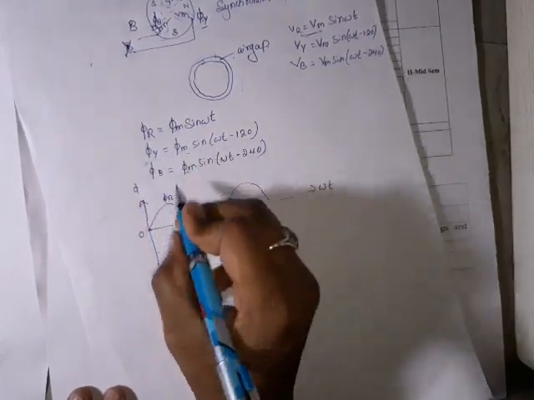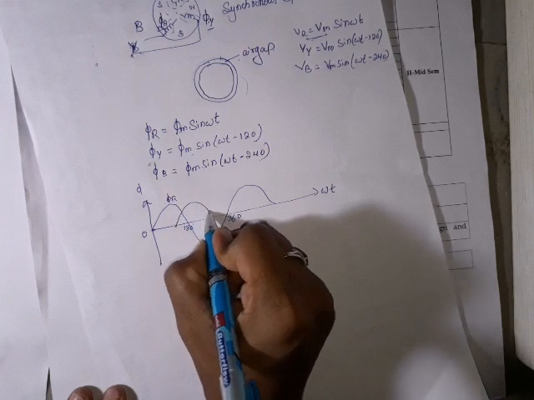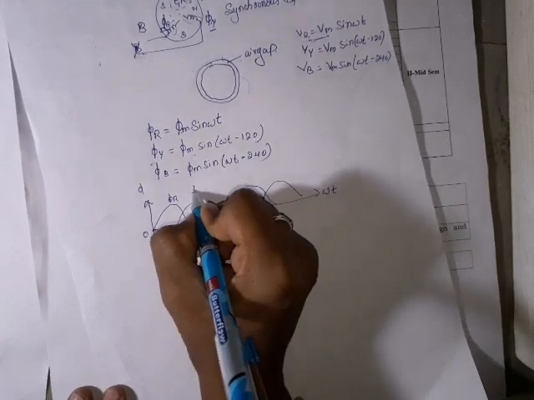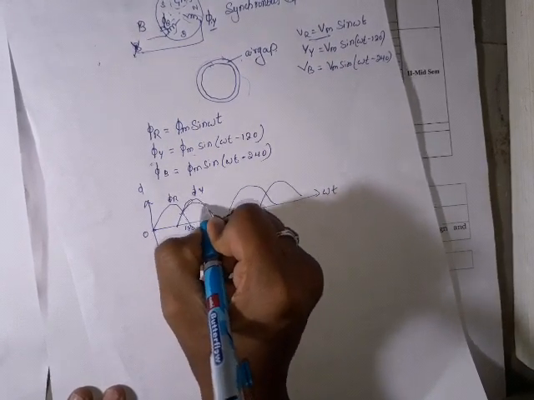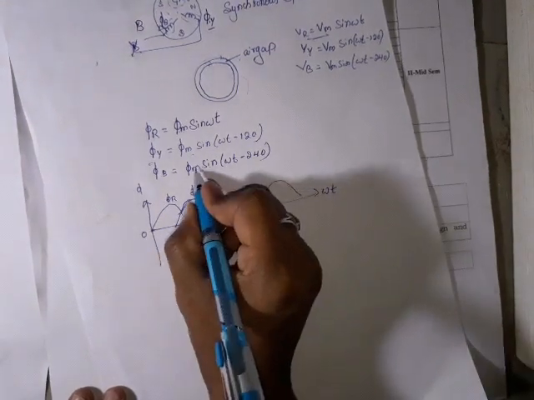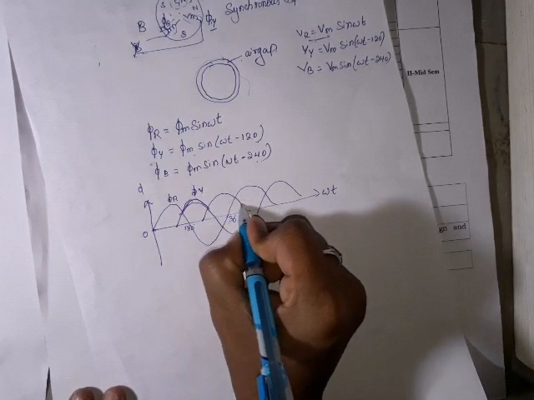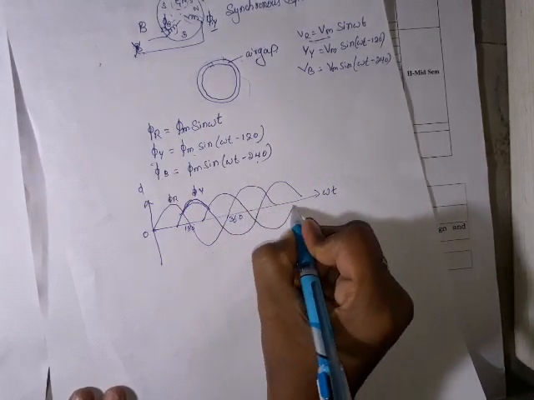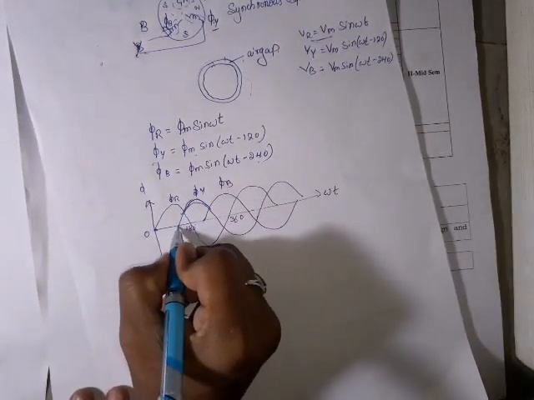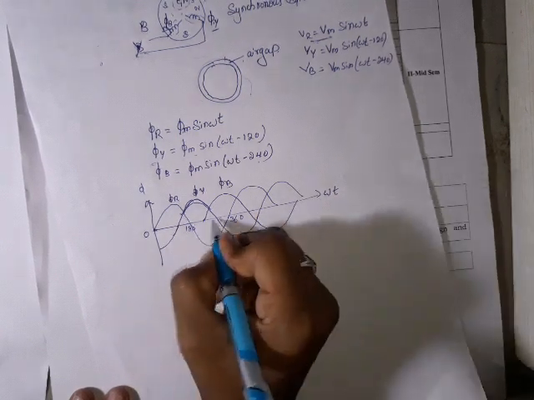Phi Y should start after 120 degree, so here you have phi Y. The amplitude is the same. Then phi B starts at 240 degree, here. This is phi B.